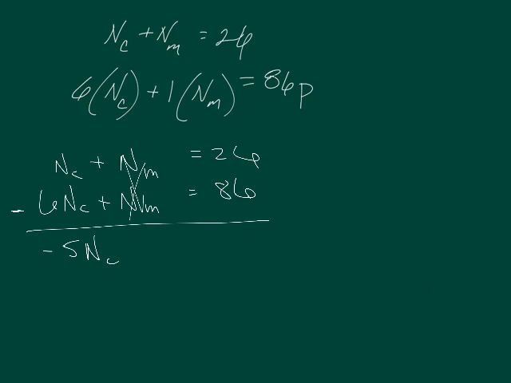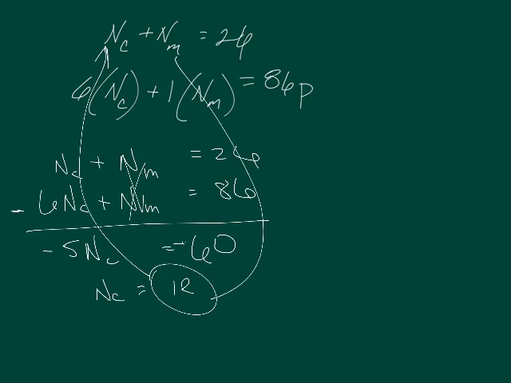This goes away. 26 minus 86 is going to give me negative 60. So number of codfish is going to be 60 divided by 5. They're both negative, so I get a positive 12. And so that goes up here, and then I know that 14 will go in there. So I guess that's another way of doing it that looks to be simpler.